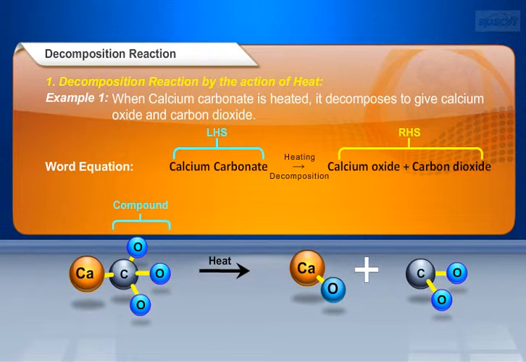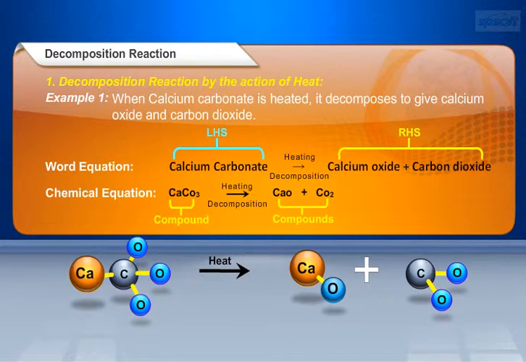Here, on the left hand side, the calcium carbonate compound is the reactant, and on the right hand side, calcium oxide and carbon dioxide are the products. In this reaction, a single compound, calcium carbonate, on heating decomposes to produce two compounds, calcium oxide and carbon dioxide.